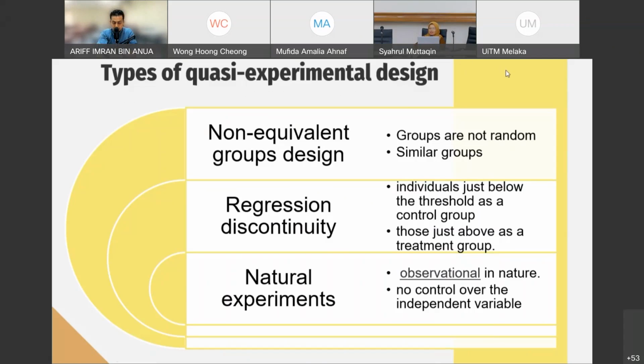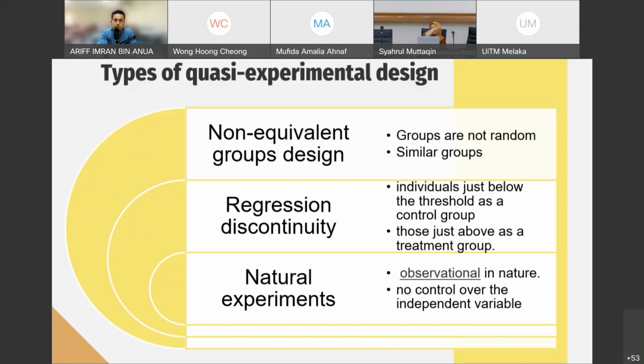And for regression discontinuity, individuals just below the threshold serve as the control group. For this one, we know that there is a rank for the subjects, and in the rank, they will be divided into two groups.